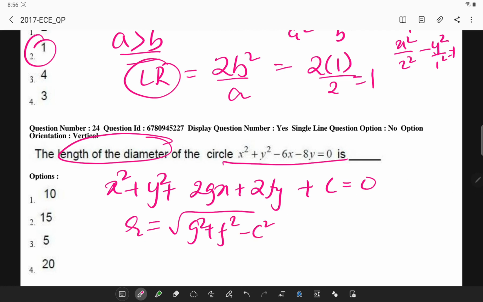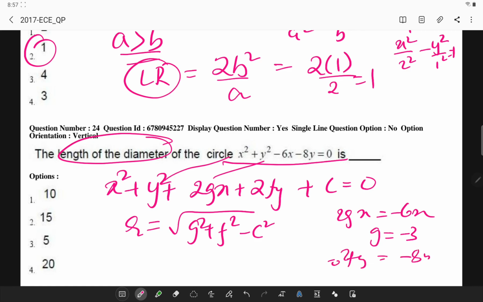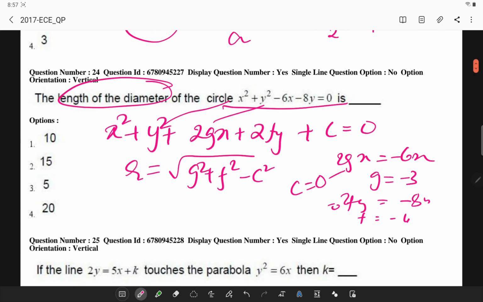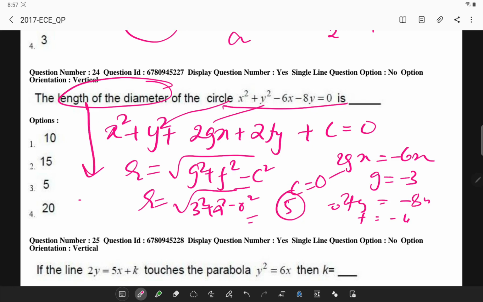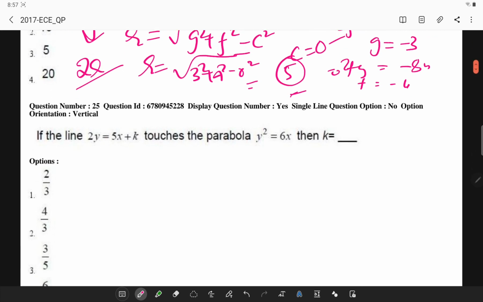Comparing, 2gx is equal to minus 6x, so g is equal to minus 3, and 2fy is equal to minus 8y, so f is equal to minus 4. c is simply 0. If I substitute, r will be root of 3 square plus 4 square minus 0, which is 5. This is the radius, and the diameter is 2 times the radius. So 2 fives are 10, which is your answer.